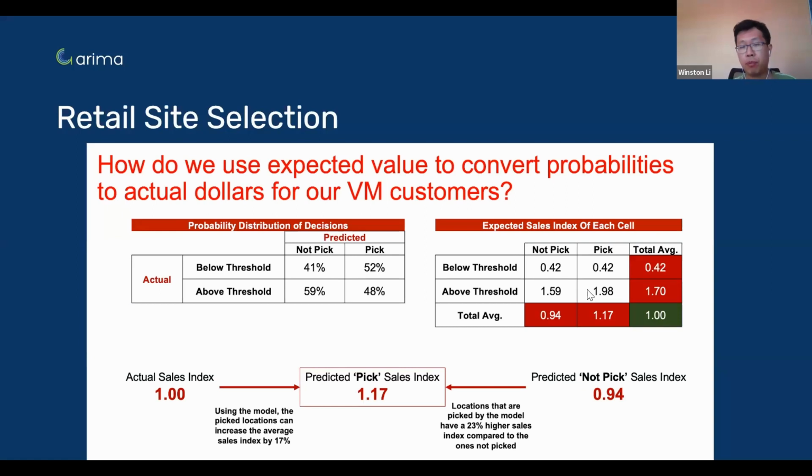Retail site selection. This is a study that we've done with Coca-Cola last year. We did a presentation on that actually at the Toronto Machine Learning Summit. Basically, Coca-Cola is looking at optimal locations for their vending machines. So they want to know where to place these vending machines. And obviously, they want to be placing machines in areas where they think there are lots of people that are potentially buying beverages, or kids or schools or such.